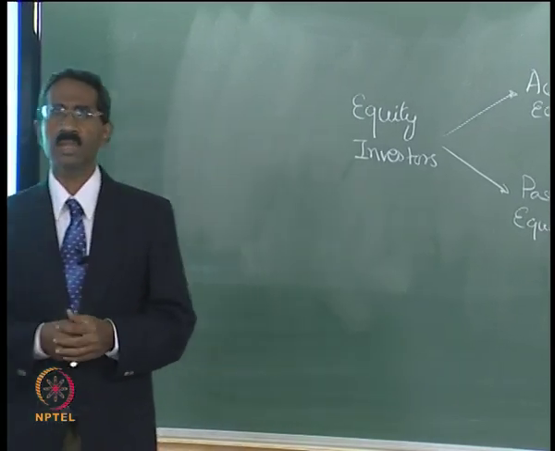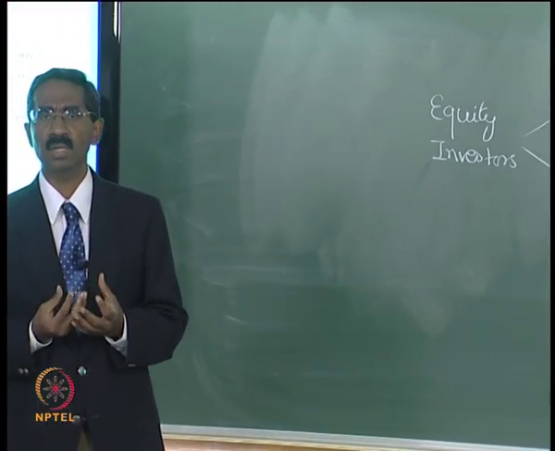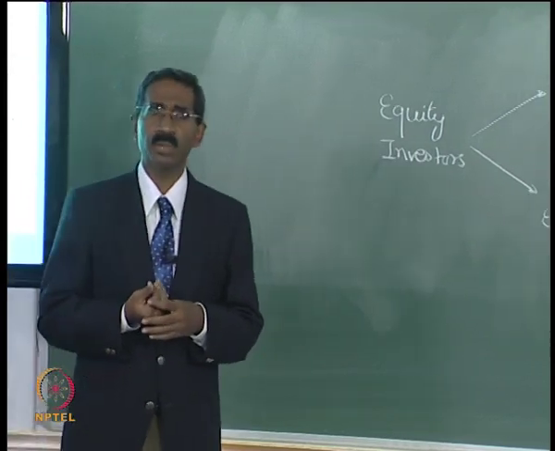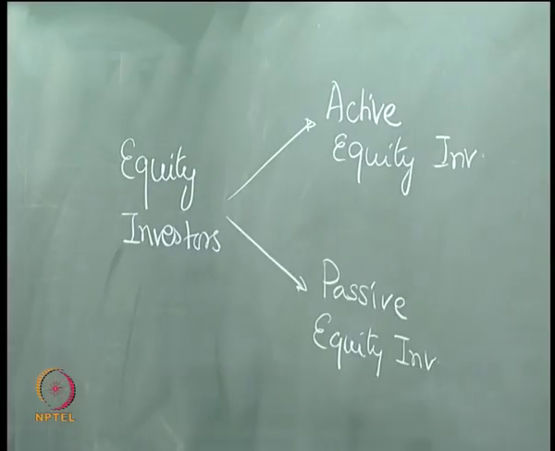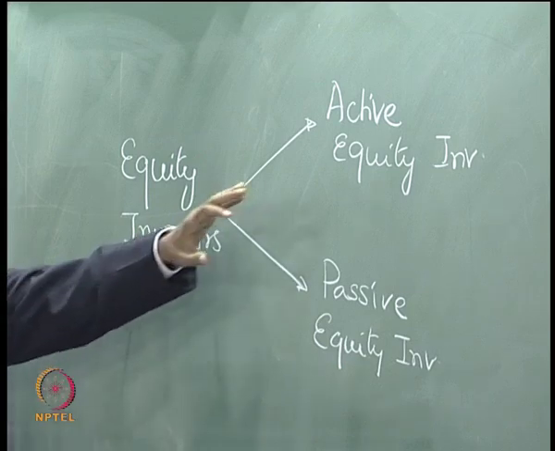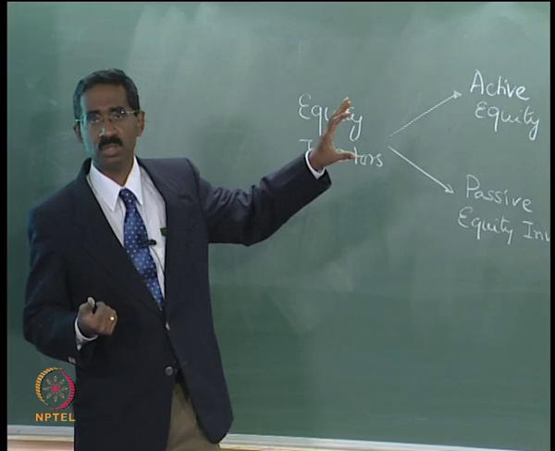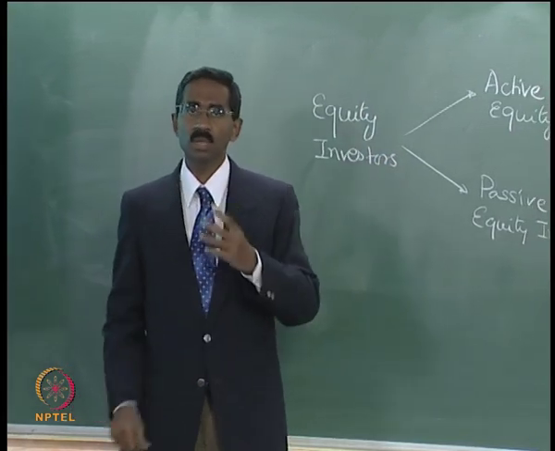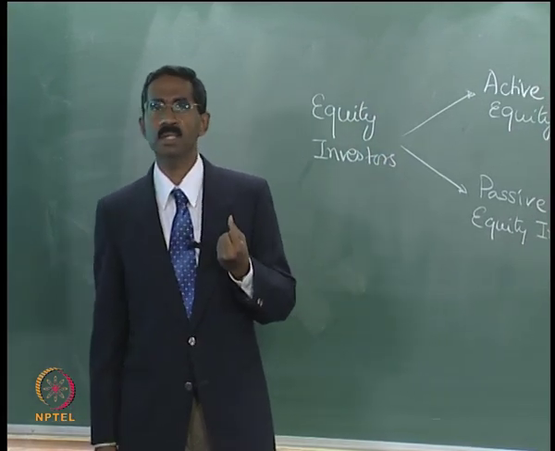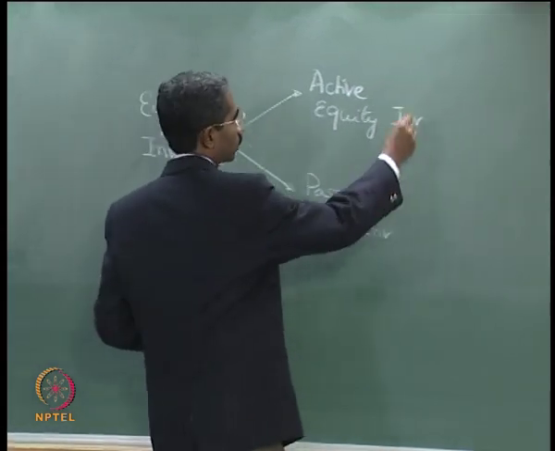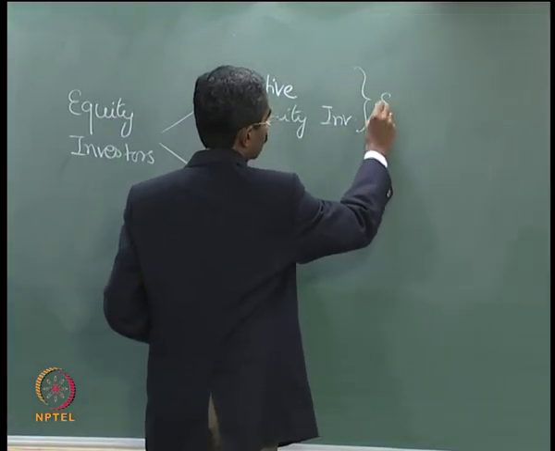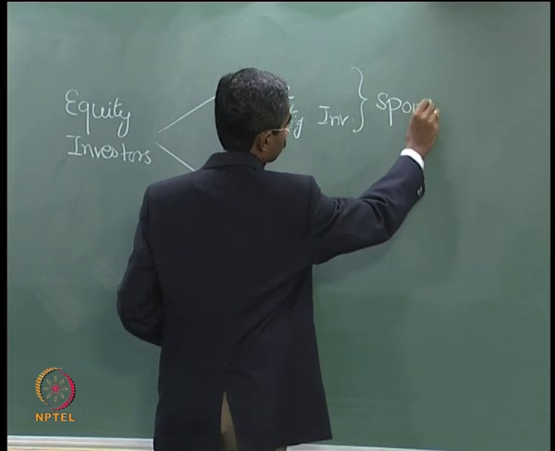Essentially, the major decisions pertaining to the operation of the company are made by the active equity investors. Active equity investors are those that promote the project, and so they are also called sponsors.